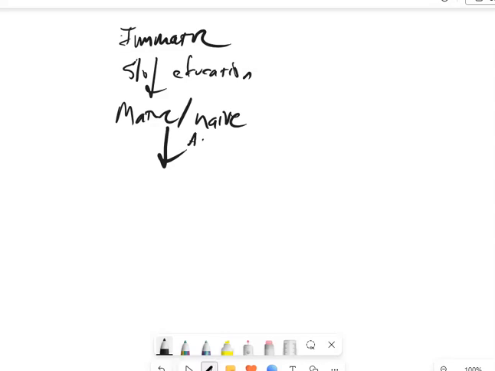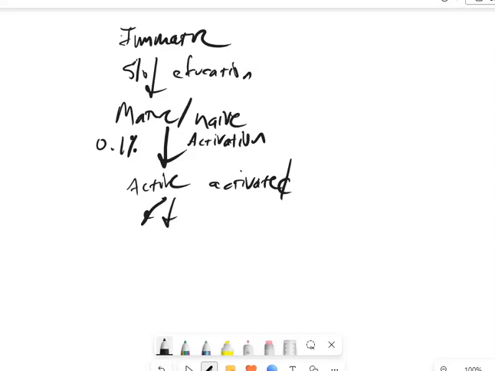If they go through activation, and it's like less than 0.1% of these ever go through activation, then they become active or activated. There isn't really a term for that, but it's useful for us to think of it. And then that lymphocyte, once it gets activated, goes through clonal expansion.